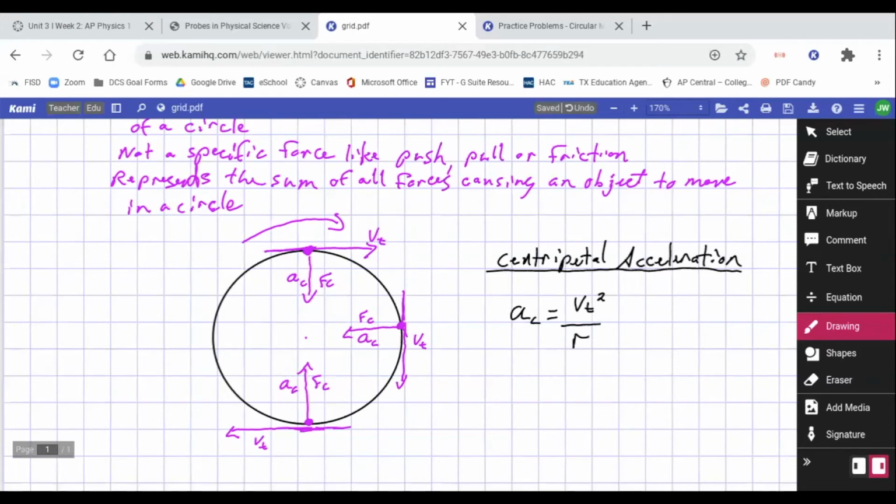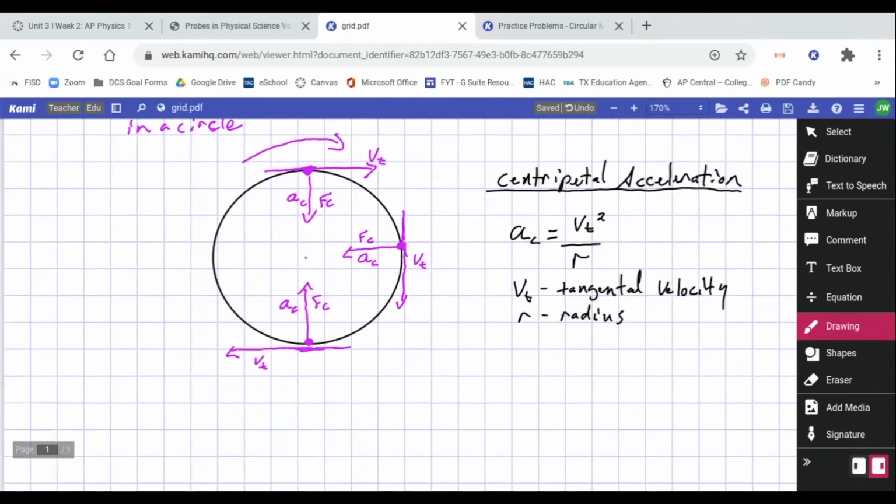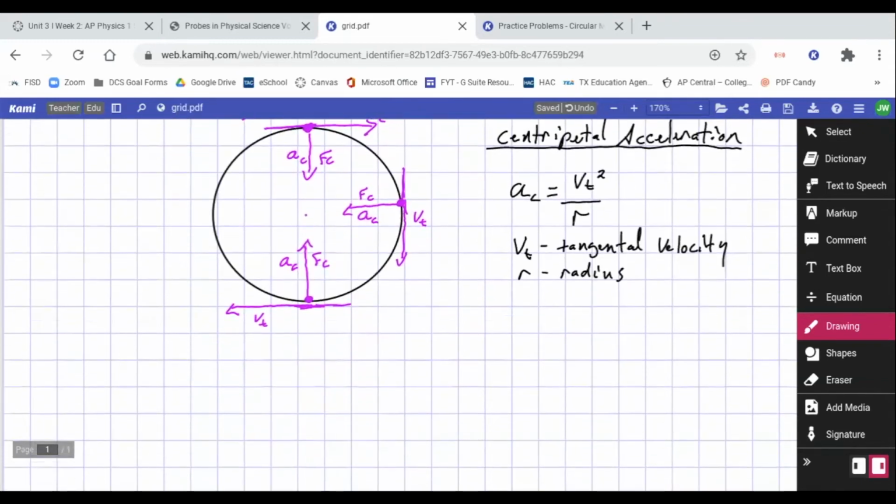And then I'll just write down v_T is tangential velocity and r is radius. So the center of the circle outward to the object, the radius. I'm going to scroll this up just a little bit to make sure the formula stays on the screen so that we can see it. Now, centripetal force.